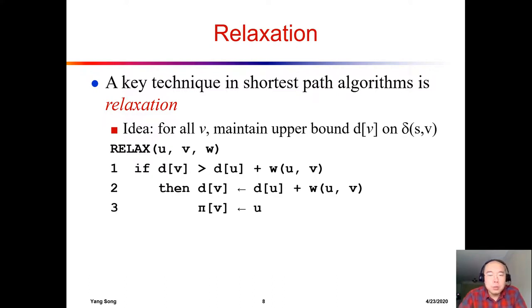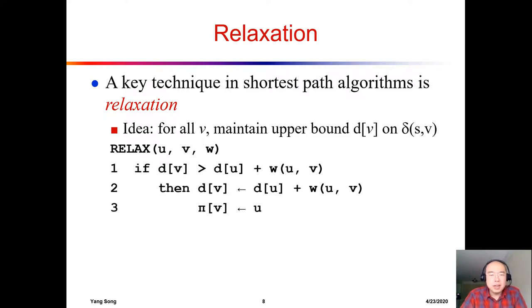So we have to update the way we know to get to v. We assign d[u] plus w(u,v) to d[v]. And in addition, for v, I'm going to use u as the parent, because getting to u first and then from u to v is the shortest path so far.